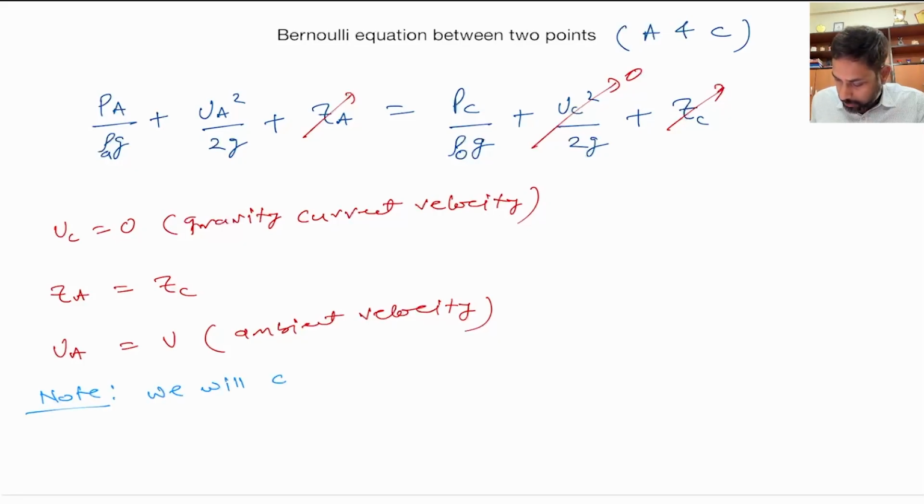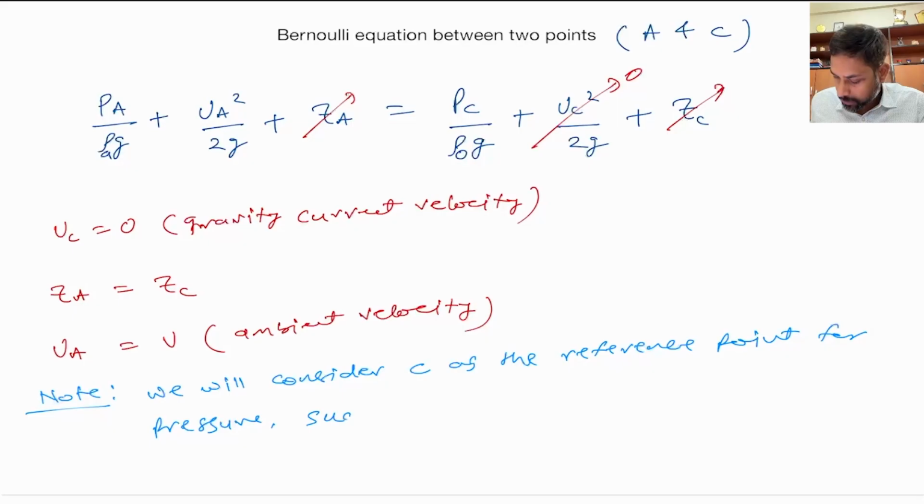One more thing is that we will consider C as the reference point for pressure, such that PC is equal to 0.